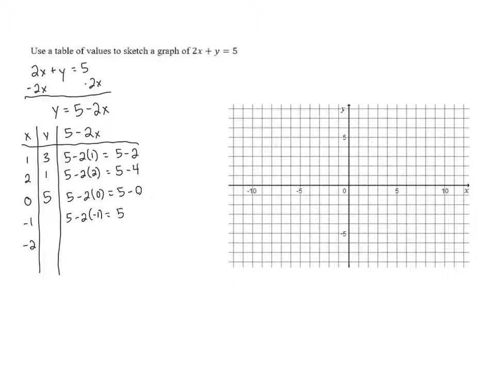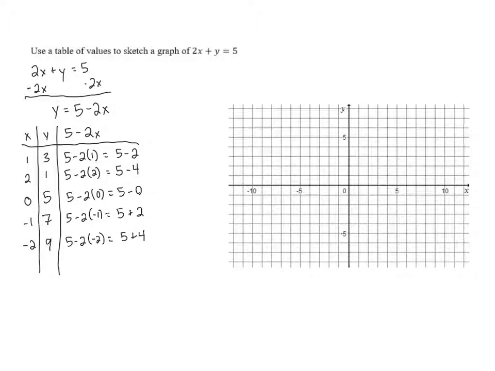A negative times a negative is a positive, so -2 times -1 is going to end up being positive 2, so that'll be 5 plus 2, which is 7. And then last we'll plug in -2, 5 minus 2 times -2. That's going to become 5 plus 4, which is 9.